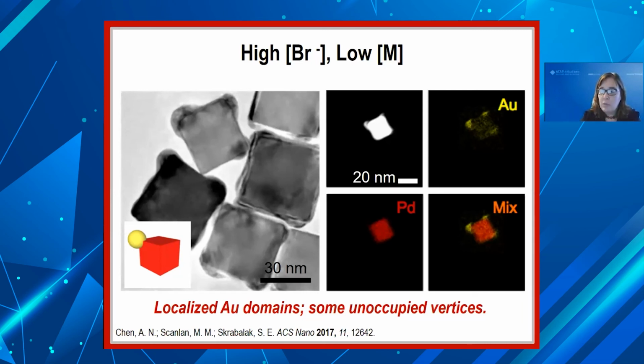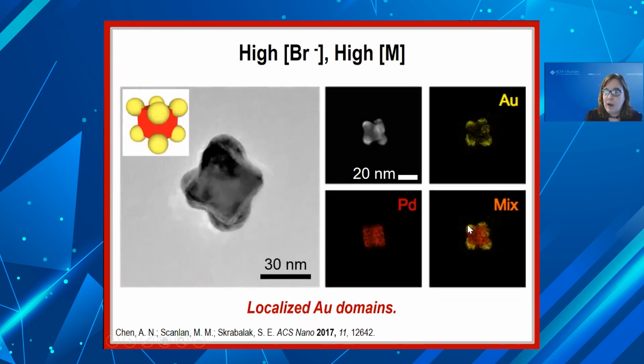So some regioselectivity is being achieved. And then at high bromide concentration, high metal concentration, we end up with the faces being well passivated, so metal deposition should occur at the vertices only, but because we have such a high concentration of metal precursor, the selectivity for one vertex over another has disappeared, and we end up with metal deposition occurring at all of the vertices.